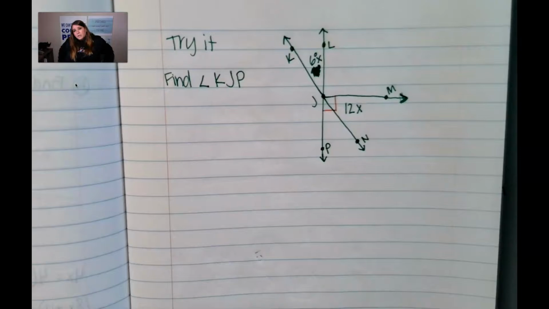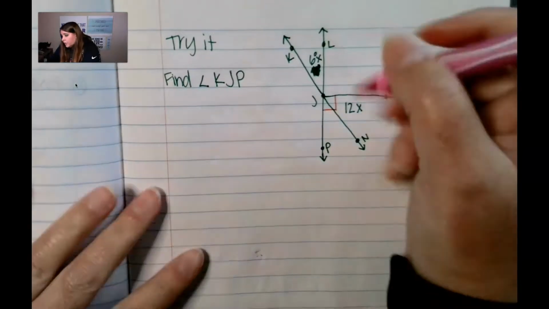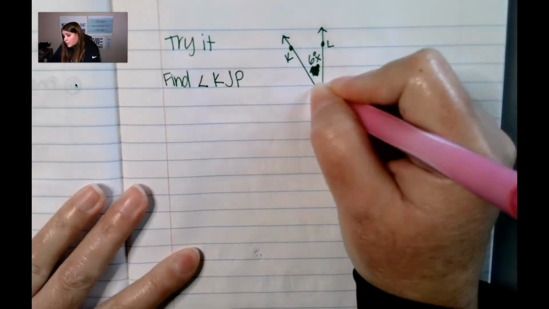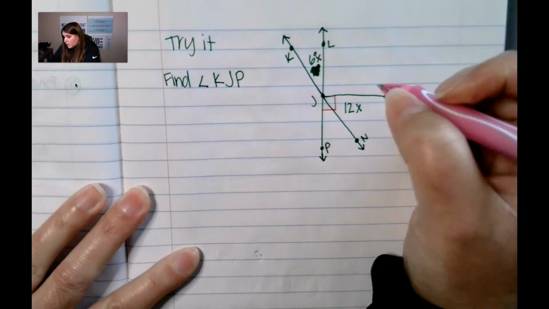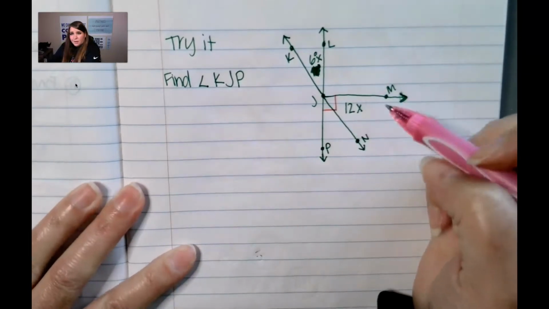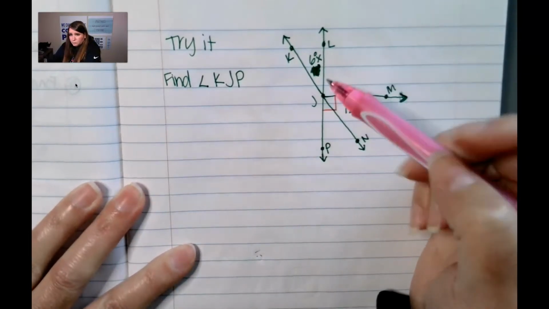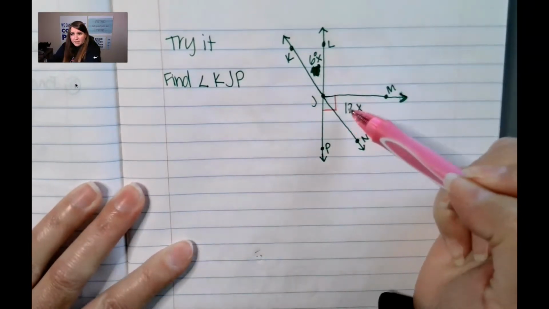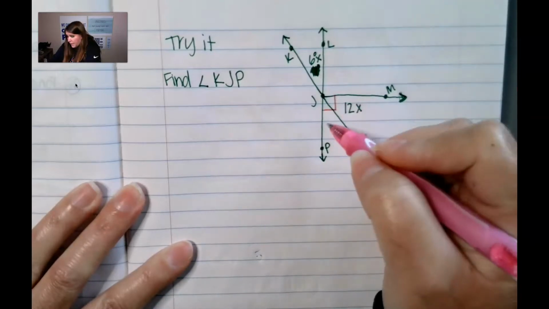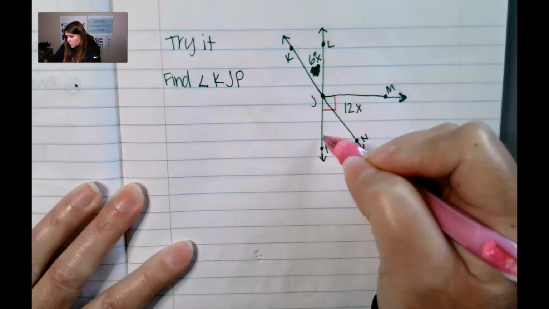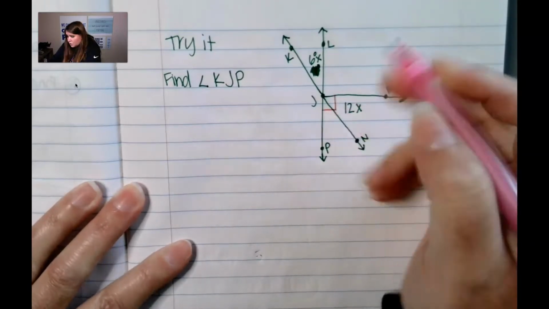All right, so if we remember that a figure is 360 degrees all the way around, we can start with the information that we know. We need to solve for x. Well, we know that this whole information right here is 90 degrees.